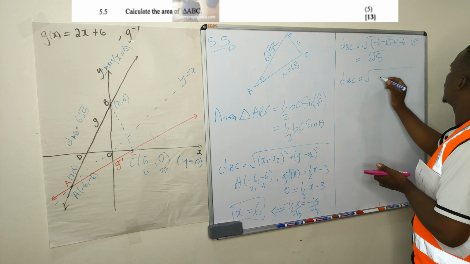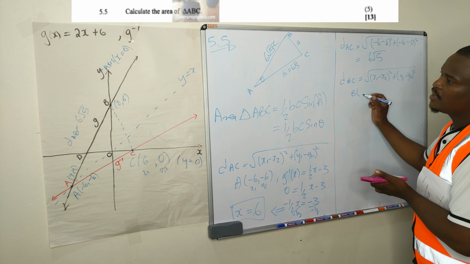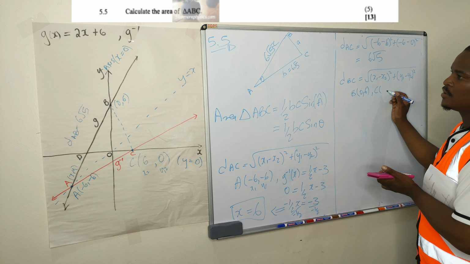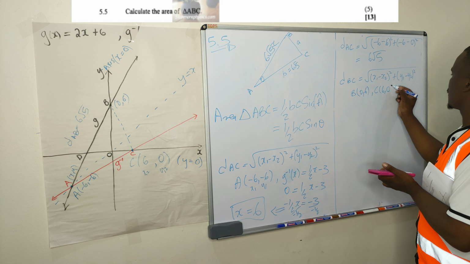The distance formula is the square root of (x1 minus x2) all squared plus (y1 minus y2) all squared. The coordinates of B are 0 and 6. The coordinates of C are 6 and 0.